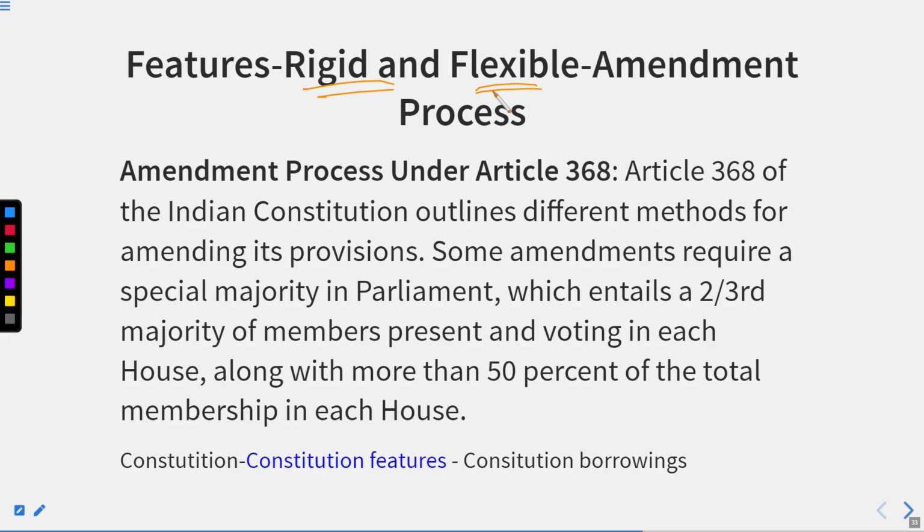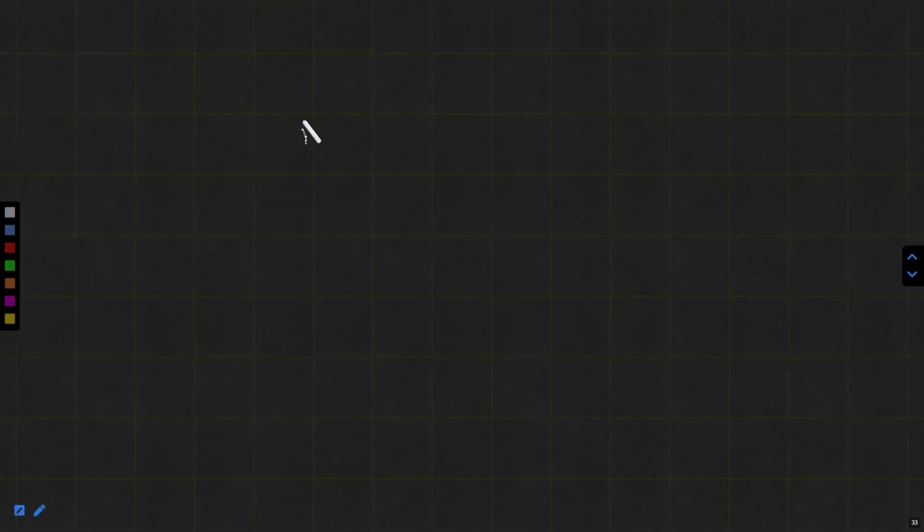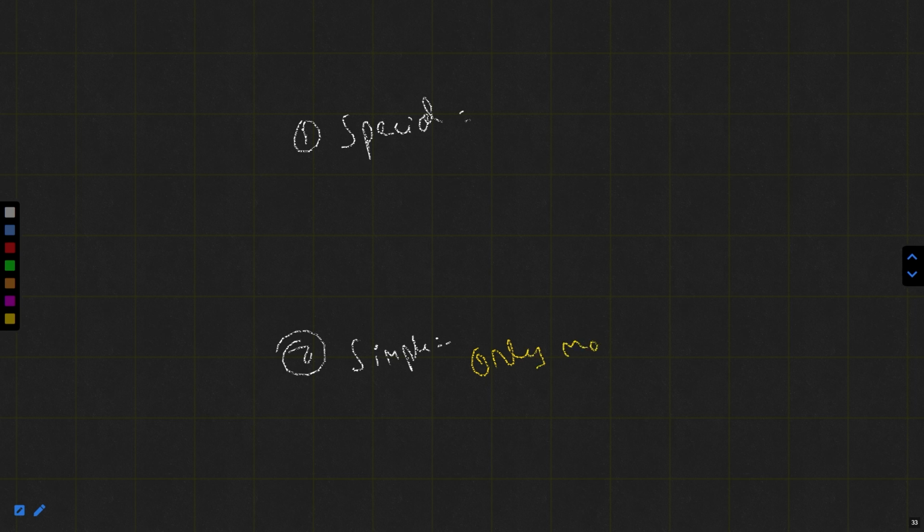Some amendments require a special majority in Parliament, which entails a two-thirds majority of members present and voting in each house, along with more than 50% of the total membership in each house. Okay, so in short, you can say there are two types of majority: special and simple. In simple, only more than 50% is enough.